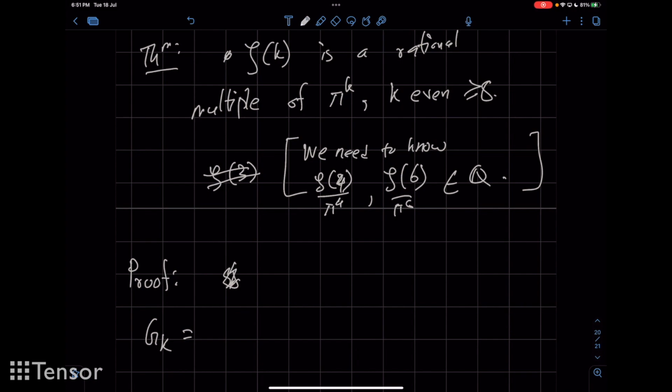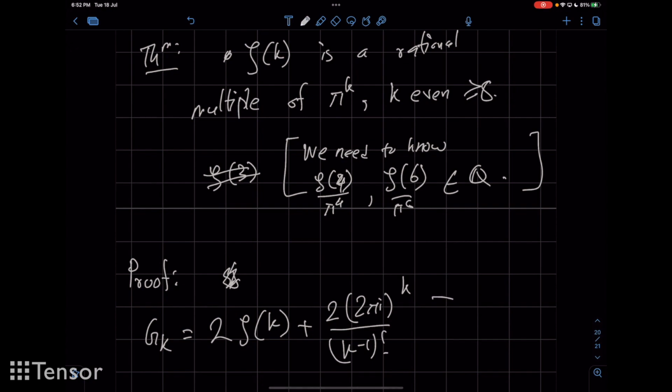We verified the q-expansion of G_k, and that was 2 zeta of k over (2 pi i) to the power k, times (k-1) factorial, sum of n equals 1 to infinity, sigma_{k-1}(n) q to the n.